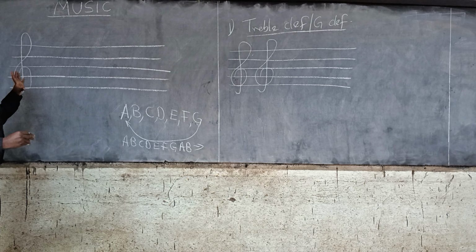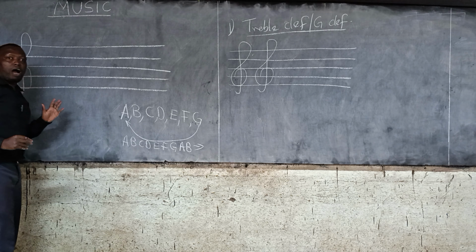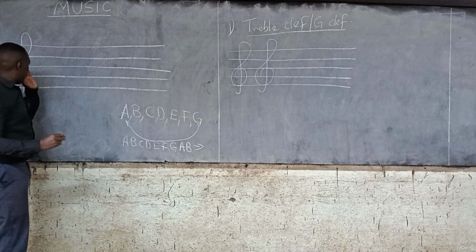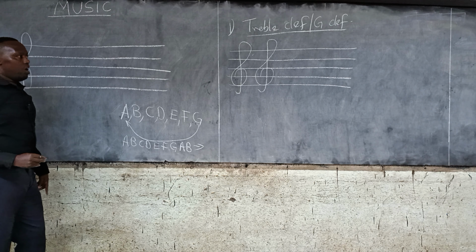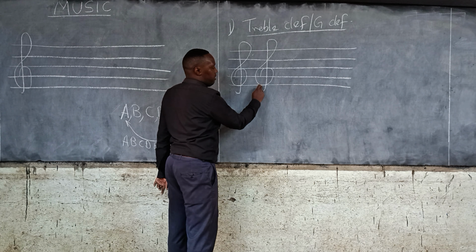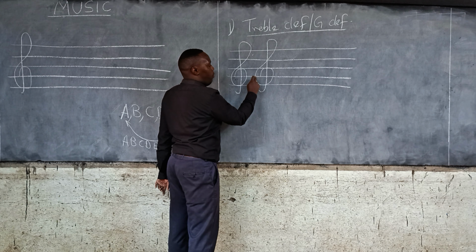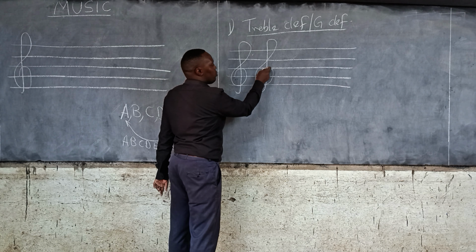Now, we are going to label this line. And our first thing, and that's what I mostly like asking, which line has been touched by this clef most? As you can see, here it has been touched twice, this line and this. Here on line 2, 1, 2, 3, 4. Here on line 3, 1, 2, 3.